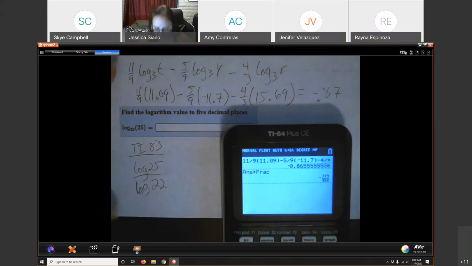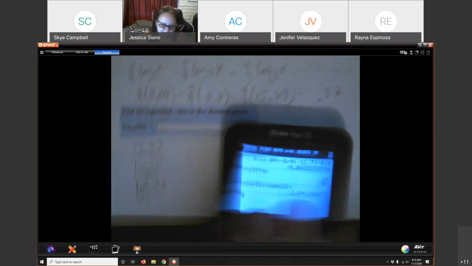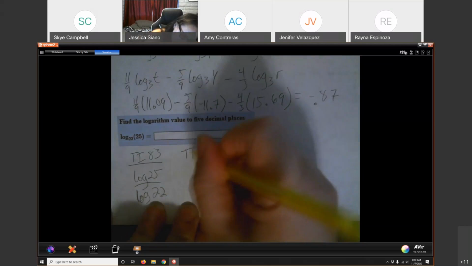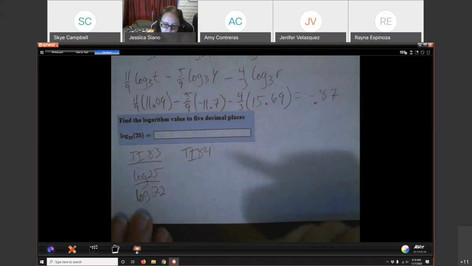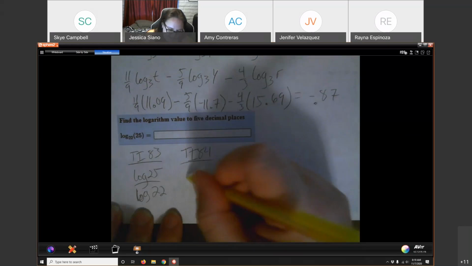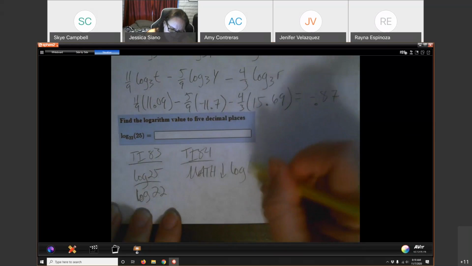So you would do the log of 25 divided by the log of 22. Now, if you have a TI-84, you can do that. That's an option for you. Or you can press math and scroll down until you see log base.